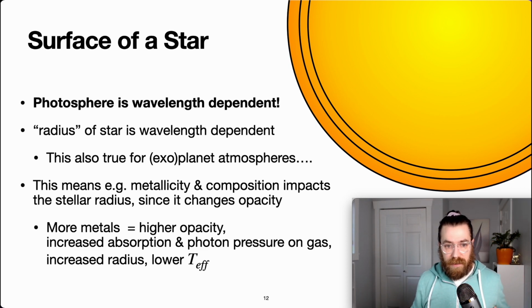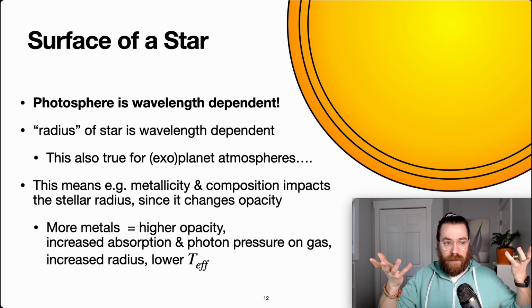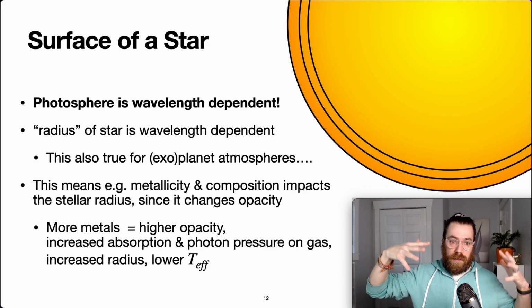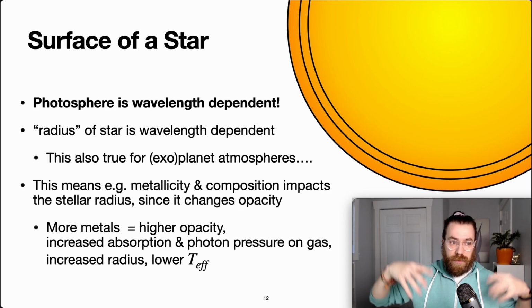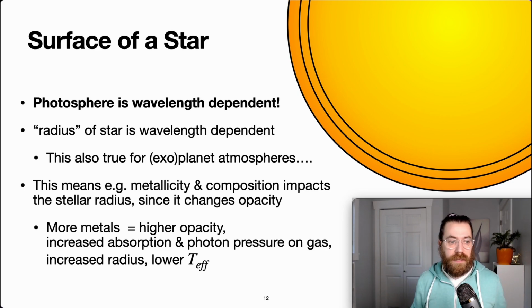So metal lines create these absorption features in the spectrum, which make the spectrum look redder for the given effective temperature, and they also absorb the energy of the photons coming up from inside the star, and so they actually do create an atmosphere that's a little cooler, a little puffed up.